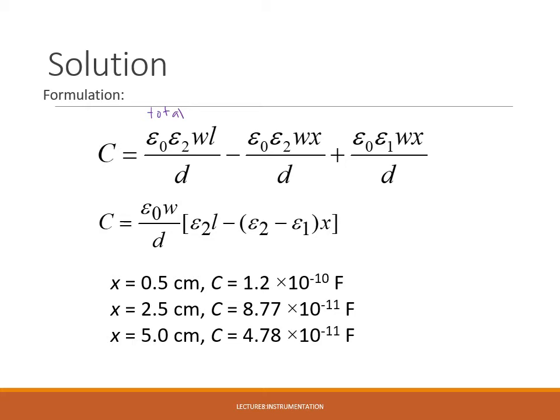And this is the initial condition. Initially we consider that all the dielectric material is between the plate. Then if there is some displacement, we have to minus that displacement for epsilon 2. Epsilon 2 is our material, the dielectric material.